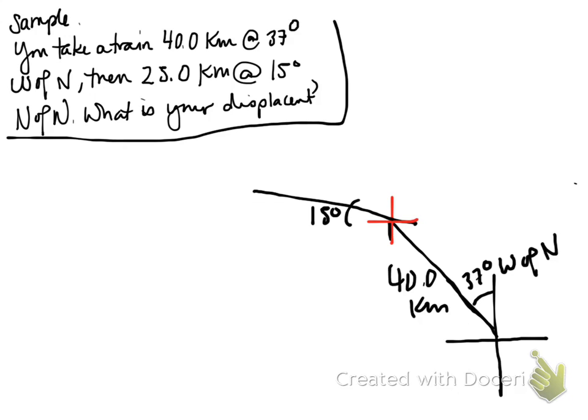It helps to draw it as much to scale as possible, only because you can trick yourself visually if you don't. So try to be at least somewhat to scale, but you don't have to fuss over it with a protractor or anything. And this we do for 25.0 km. So we have two vectors. They are not perpendicular to one another, and our resultant is going to be something like this.